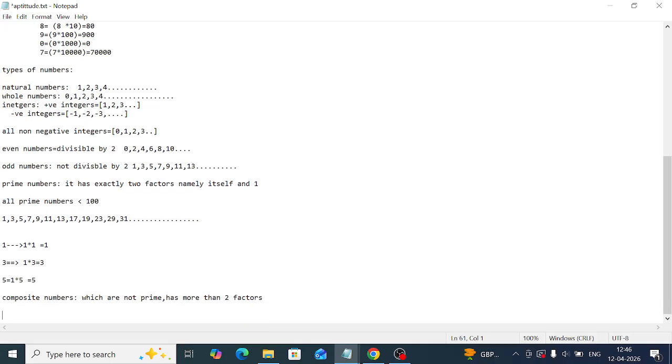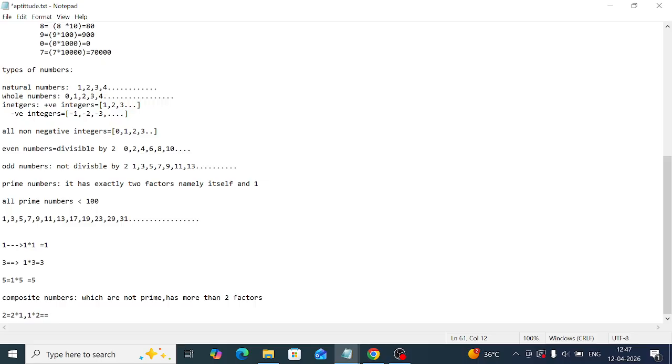This is called composite numbers. For example, see, 4 is there, 2 is there. 2 means what? 2 into 1, 1 into 2.